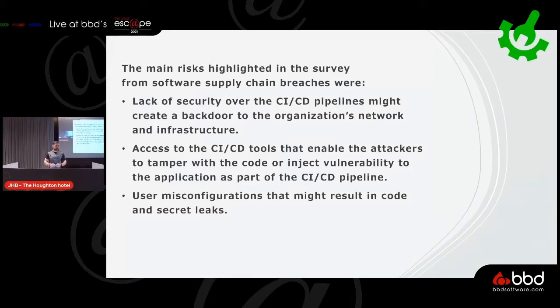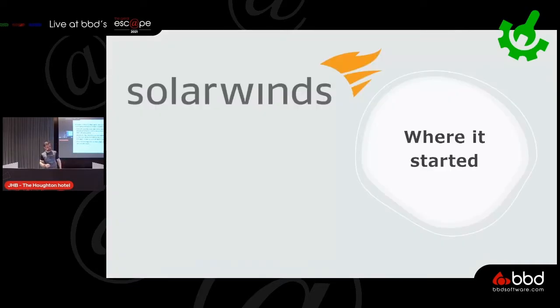They call them supply chain breaches. Access to CI/CD tools, like, for example, Jenkins, which is indeed open source: you can analyze how Jenkins works, inject different malicious software into Jenkins pipelines, and just gain full access to it. And user misconfigurations, which might result in code and secret leaks.